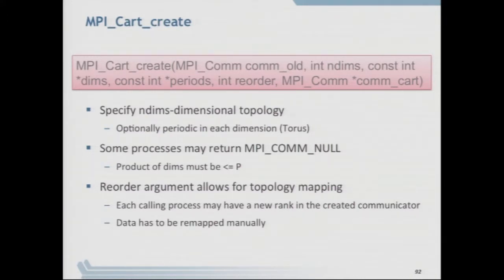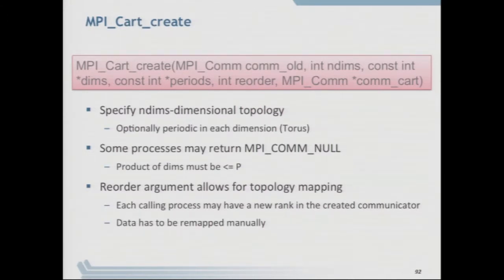It's an array of size n dims, and you say 1 or 0 if you want those things to be periodic or not. And reorder means you're allowing the MPI implementation to reorder the ranks. In the new communicator, the calling process may have a different rank because it's going to do a reorder. Typically you want to call the reorder because that means you're doing the remapping. If you don't call reorder, then rank 0 continues to be rank 0, rank 1 continues to be rank 1 in the new communicator.